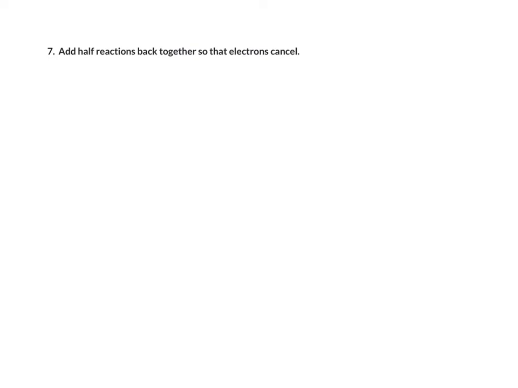In step 7, we're going to add our half reactions back together again in such a way that the electrons will cancel each other. So we have iron 2+ going to iron 3+ plus an electron, and we have silver plus an electron, making silver 0.